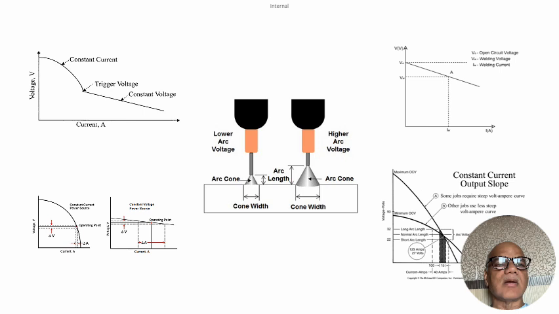Similarly, by trigger, you can change from drooping characteristics to a flat characteristics, and such advantages are now available in the latest welding machines. So it's very important to select a welding machine with the right characteristics that suits best for your processes and for your application and the type of material, joints, and the position in which you are welding.